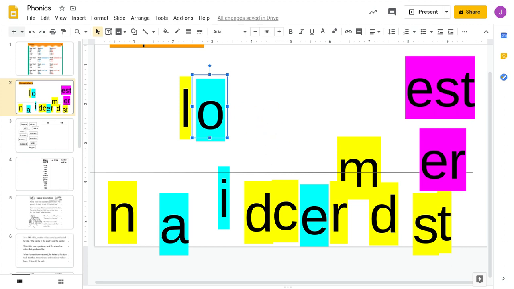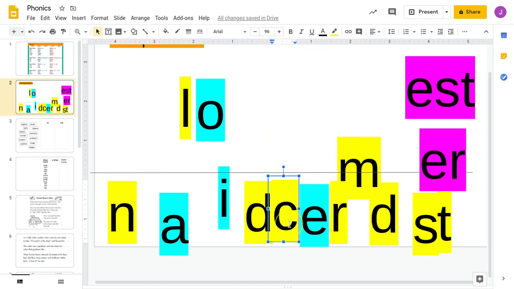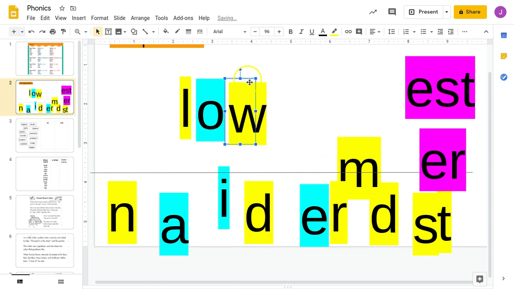Oh, I need a W. Here, we'll change the C to a W. Low. Now, is my O vowel sound short or long? Low. I hear that it's saying its name, which means it's long.